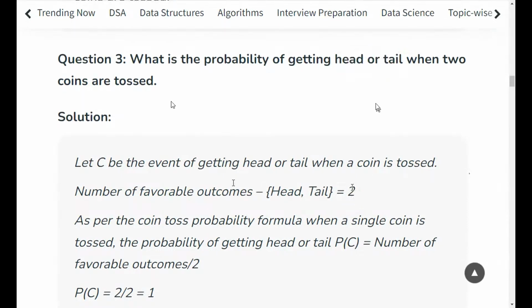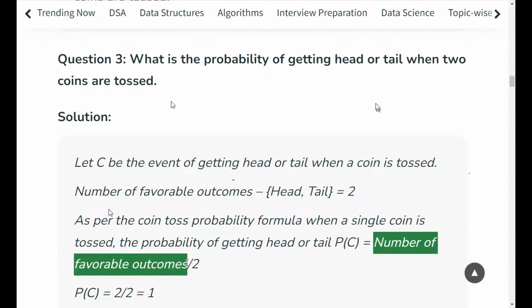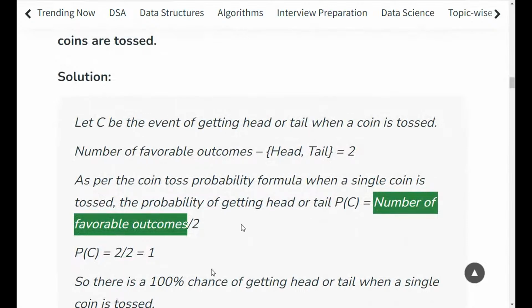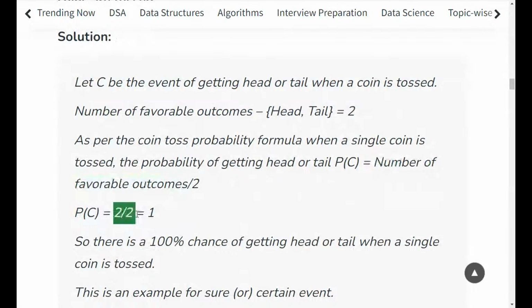Number of outcomes will be only 2, head or tail. As per the coin toss probability formula, number of favorable outcomes divided by total number of outcomes, which will be 2 itself. The number of favorable outcomes is 2. Here we have 2 by 2. That means 100%. Any one of them will definitely be head or tail.